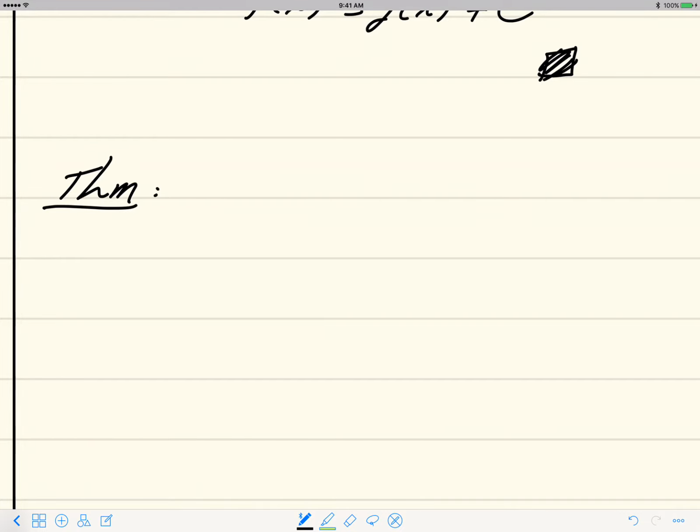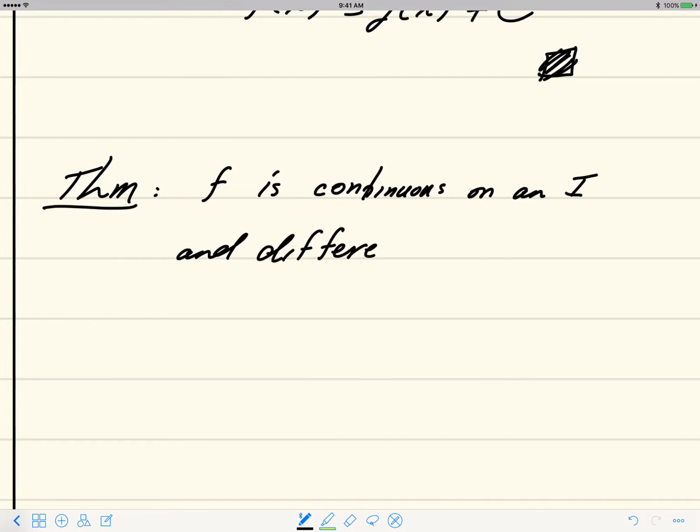So suppose f is continuous on an interval I and differentiable on the interior of I. We don't care about the endpoints, in other words, for differentiability.